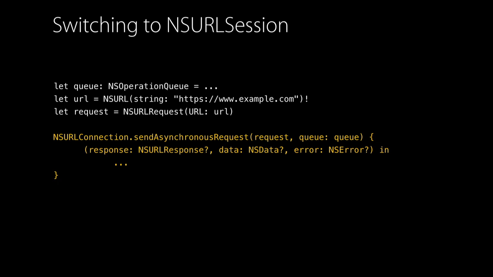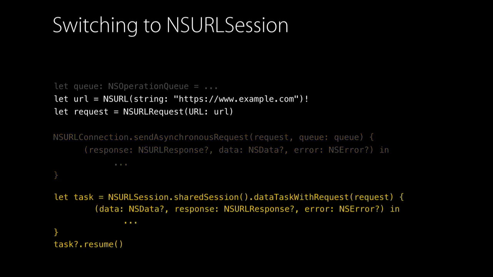So let's take a look at what that would look like with NSURLSession. It's very similar. You'll notice that the NSURL and NSURLRequest objects are still in use, and this is true for a lot of the other NSURL family of objects like NSURLCredentialStorage and NSHTTPCookieStorage.